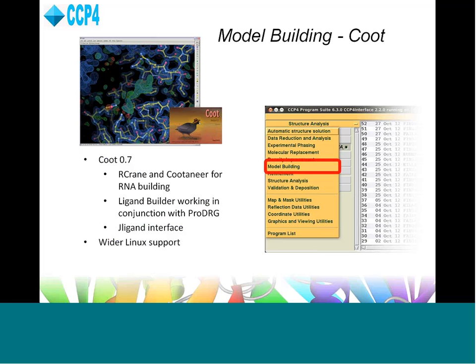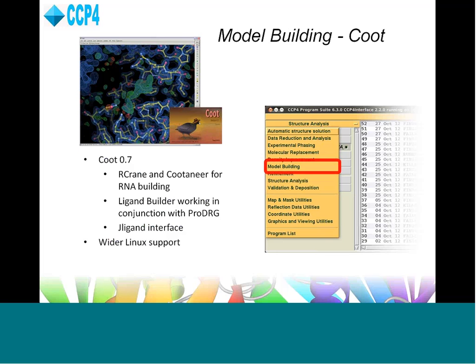We have the latest version of Coot 0.7, which came out about a month ago. The main new features there were that Coot's RNA building tools, ORCRANE and Cootaneer, can now be used for RNA building. The ligand builder has been made to work in conjunction with ProDrug for the generation of restraints for refinement. And it also has an interface to JLigand, which I'll say a bit more about in the next slide.